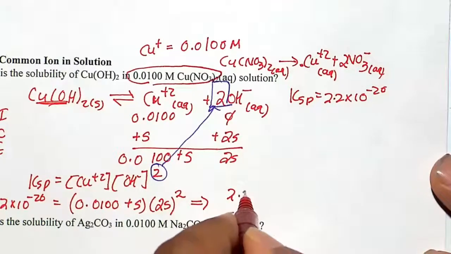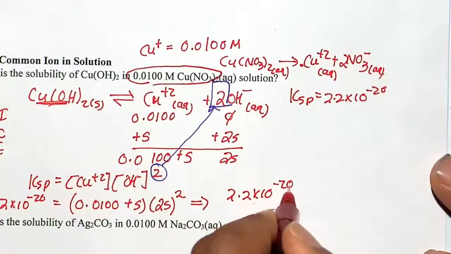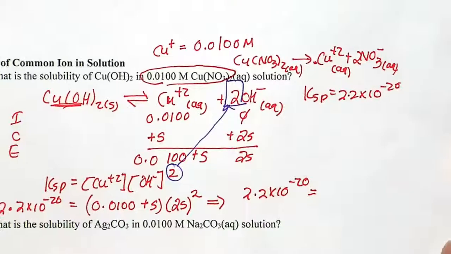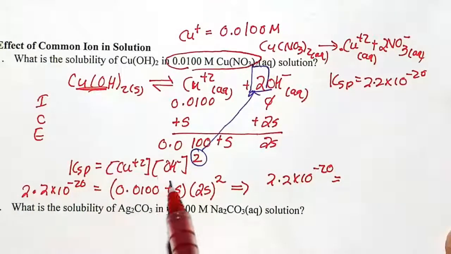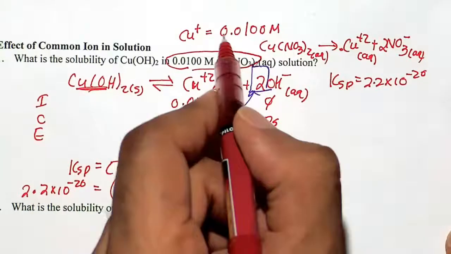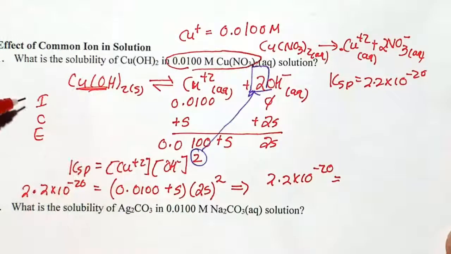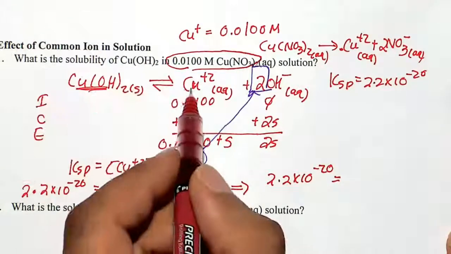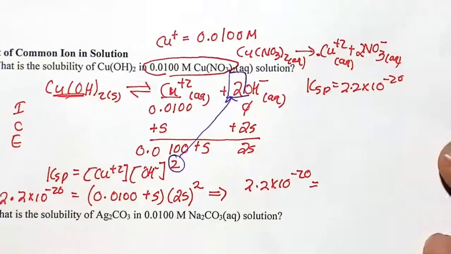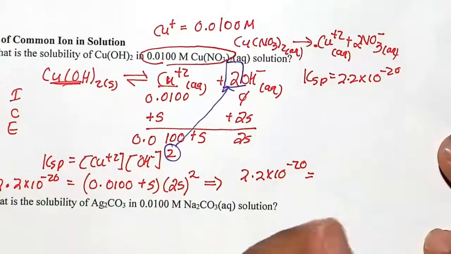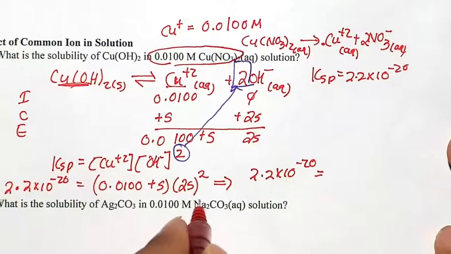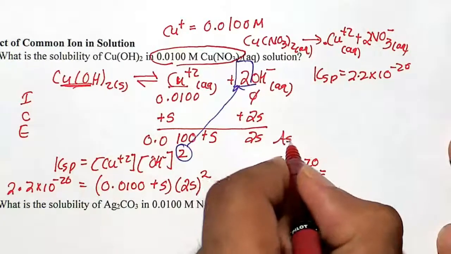So 2.2 times 10 to the minus 20. I'm going to make my S small and realize that most of my copper ion will probably be 0.0100. Very little of that copper ion will come from this reaction going this way to generate copper in solution.